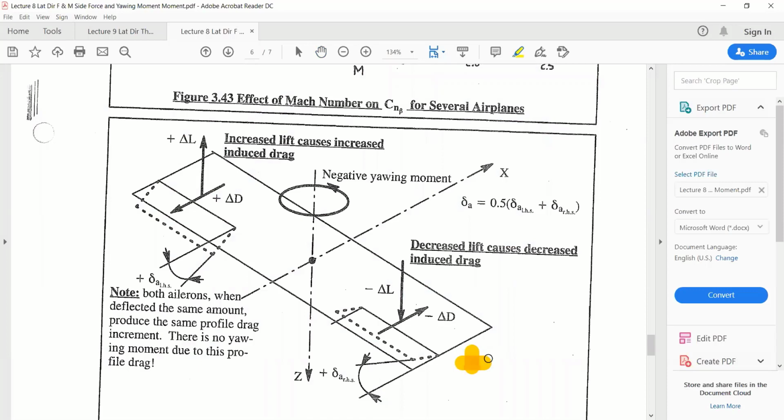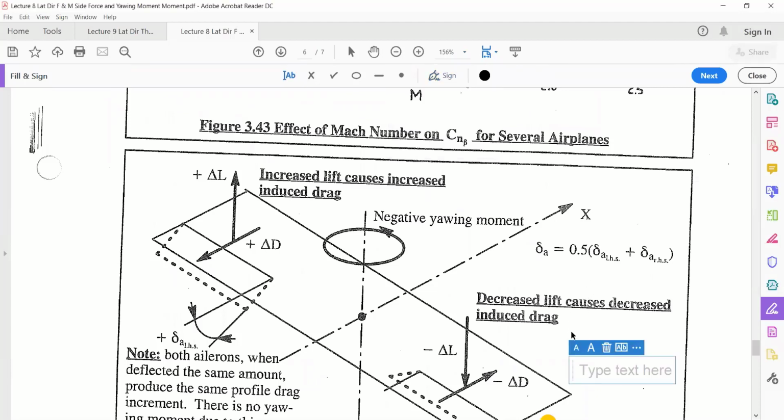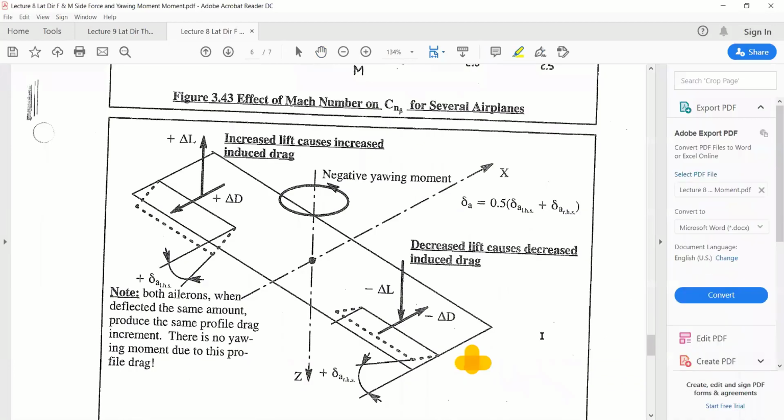Oh, what the heck's that? Big pen. Hang on. All right, I may not be able to write on this. We'll just point to it.